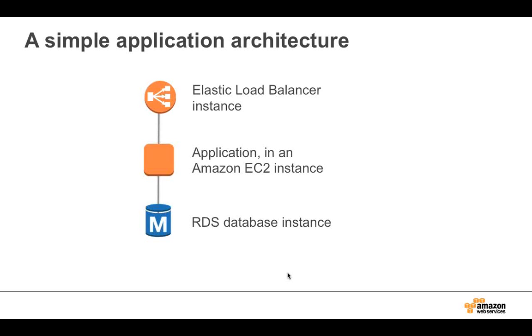Now, if you are newer to AWS, you might be wondering why I, in this diagram, have a load balancer when there's only one server underneath it. The reason is that this gives you not only the opportunity to scale your number of application instances as the load on that tier increases, but it also allows you to take advantage of a very simple piece of functionality.